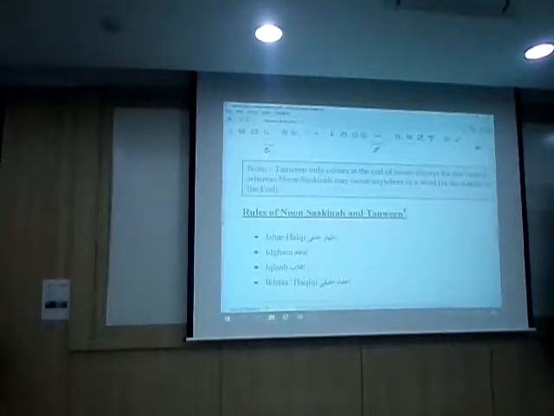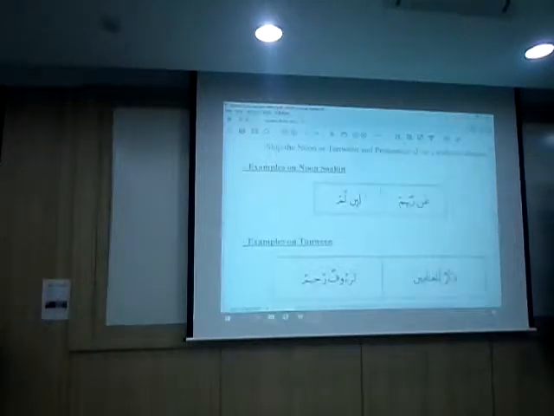Let's go to page 24, which is related to the Mim al-Sakina. Ahkam al-Mim al-Sakina.